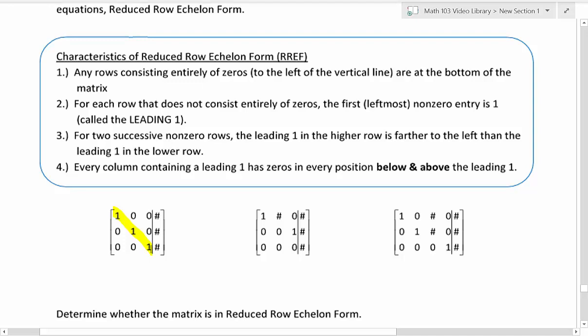Notice that there are 1s on the diagonal and zeros everywhere else to the left of our vertical line. The other two examples are in reduced row echelon form, but they're not our ideal case. They're going to produce either no solution or an infinite number of solutions.